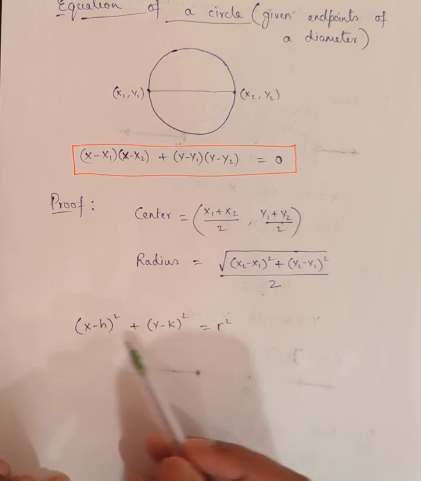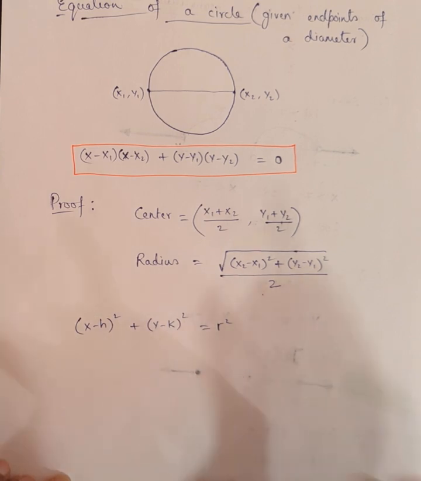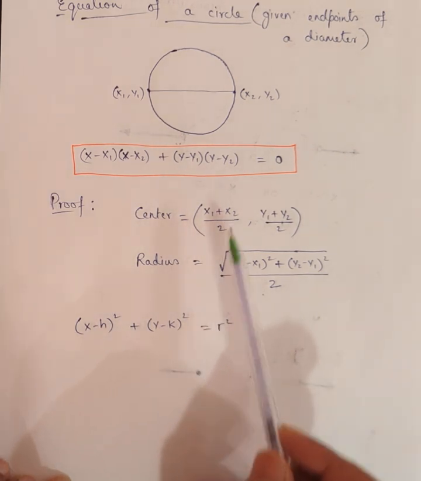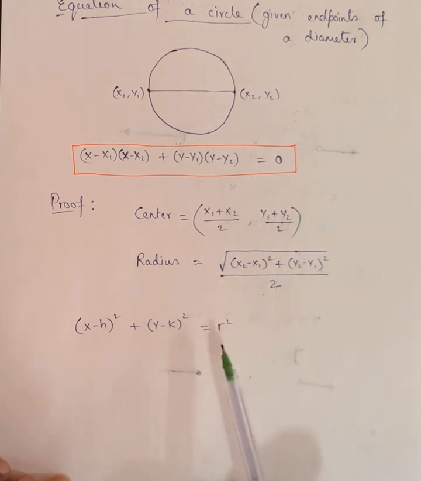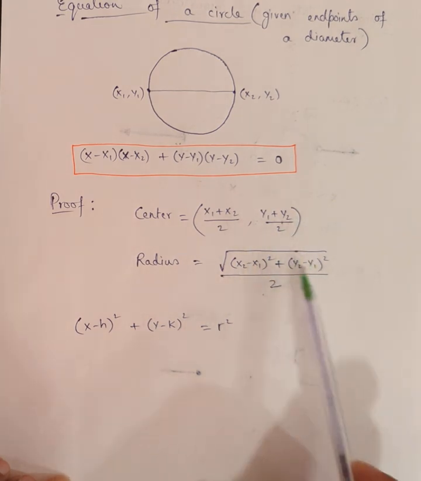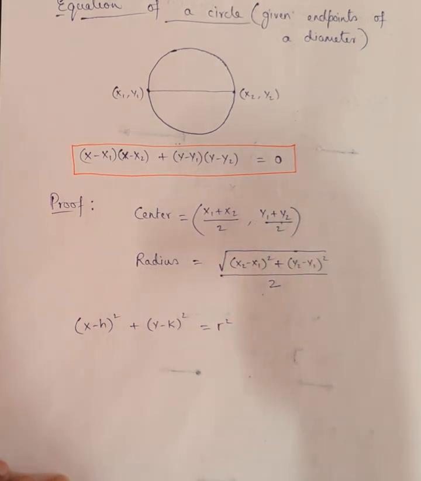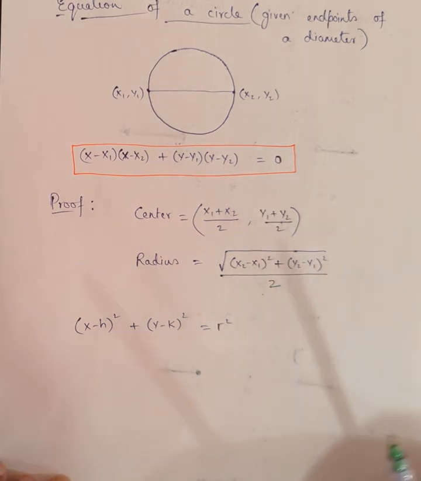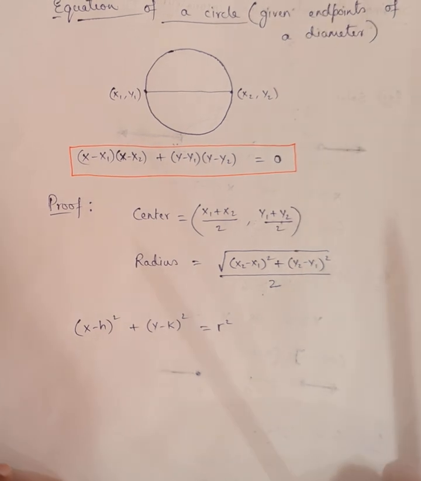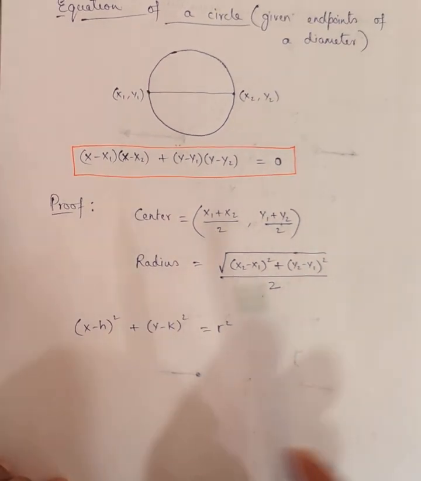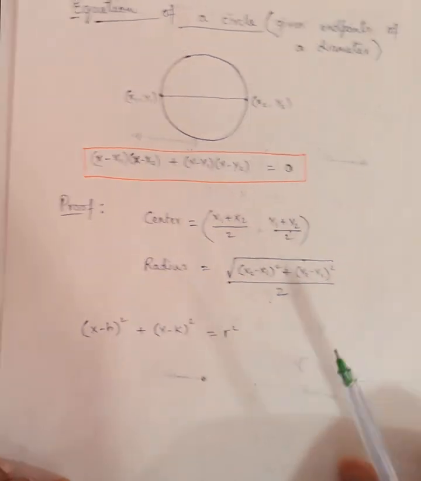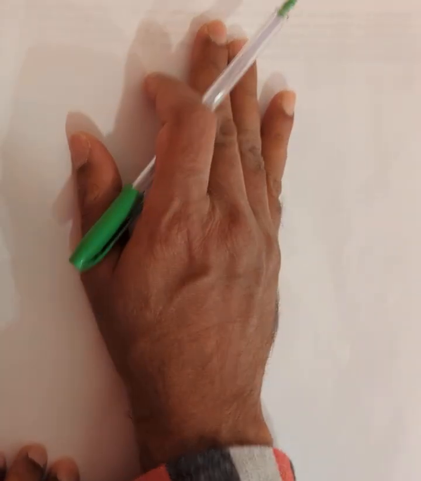So all we have to do now is plug in h equal to (x1 plus x2)/2, k equal to (y1 plus y2)/2, and r equal to this quantity, and then do all the necessary algebra to get this neat form. Let's do that on a separate sheet of paper. So it's going to be x minus that quantity squared plus y minus this quantity squared.